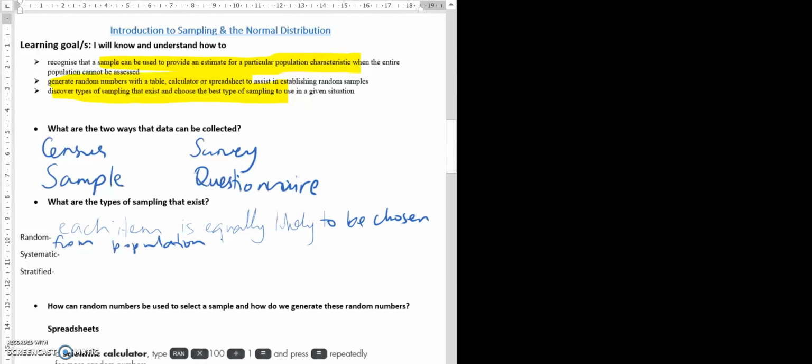Systematic sample is where items are chosen at regular intervals. So you need to make sure you're writing these down and you learn what they mean.